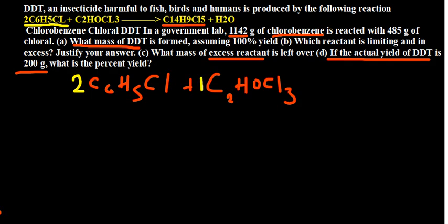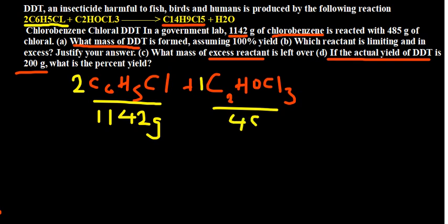So this is chlorobenzene, then the other one is the chloral. Now what are we told? We are told that 142 grams of chlorobenzene is reacted with 485 grams of chloral. So 485 grams of chloral has been given.